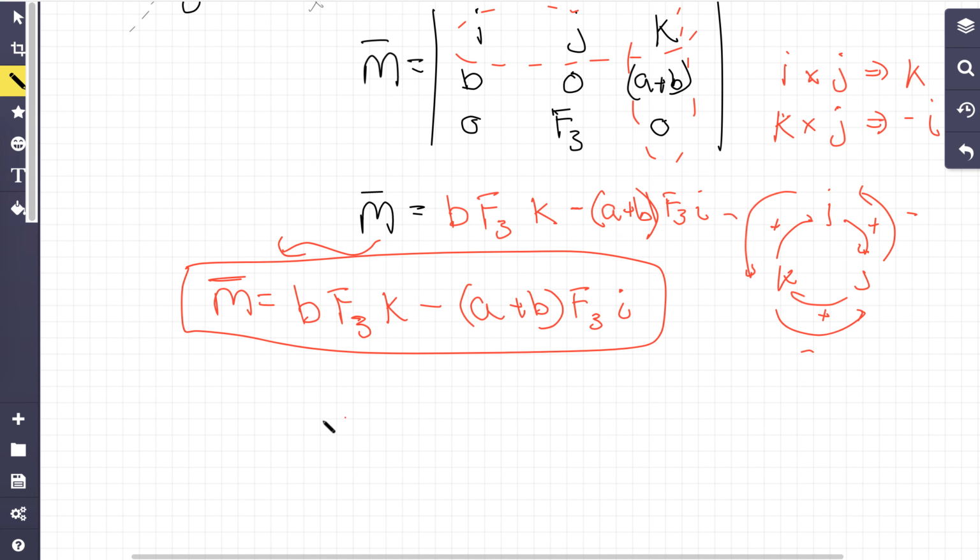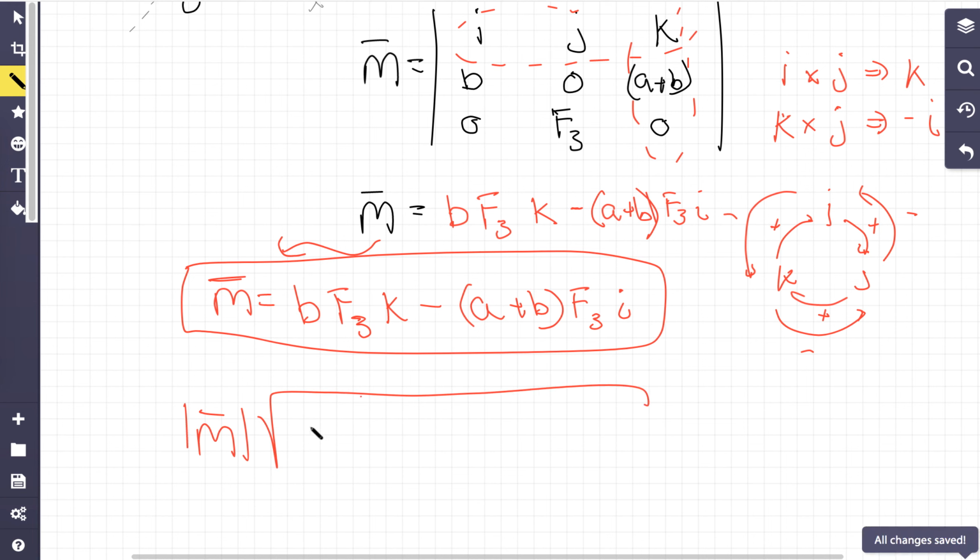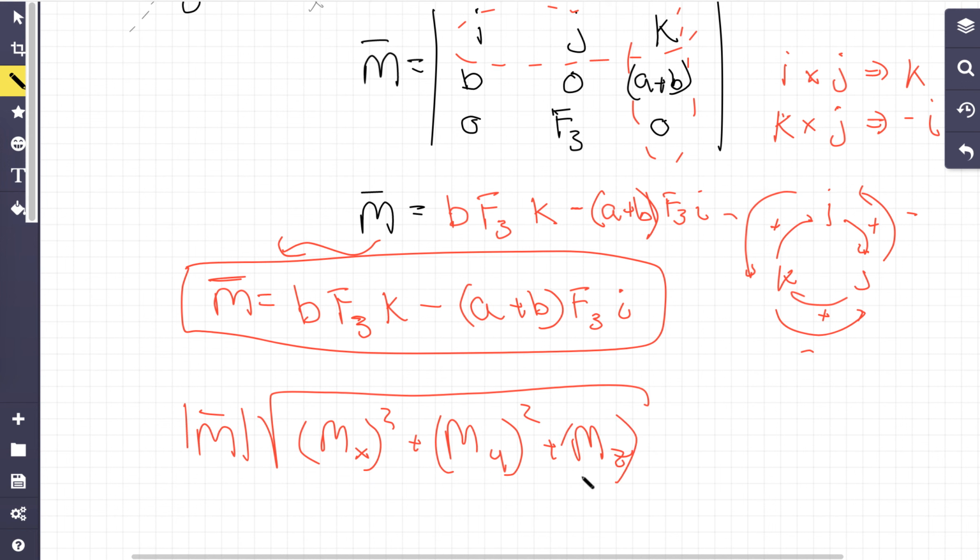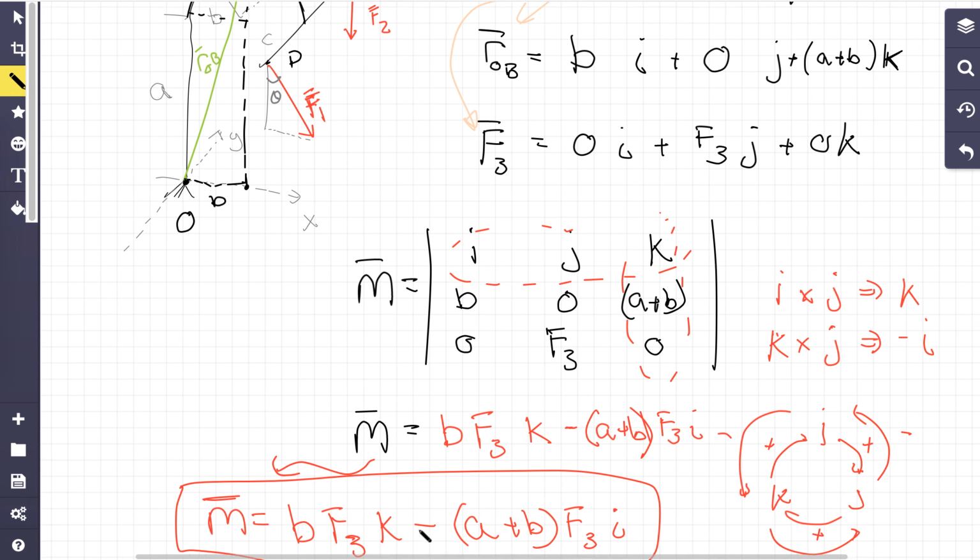But what you want to do to find the magnitude is say the magnitude of this is equal to the square root of the magnitude in the x direction squared plus the magnitude in the y direction squared plus the magnitude in the k, or z, direction squared, all square root. Basically, it's the Pythagorean theorem at that point. So that's how I would find the magnitude of all of the moments.